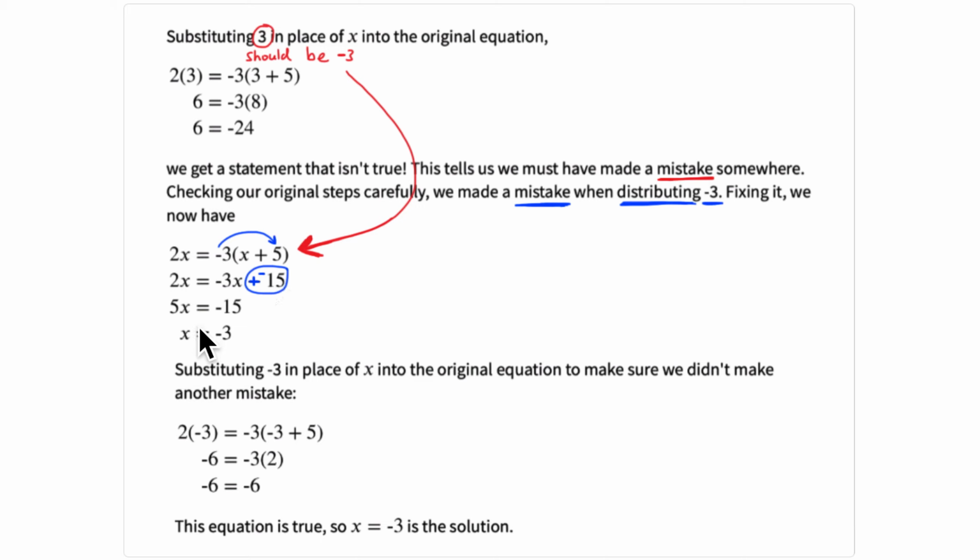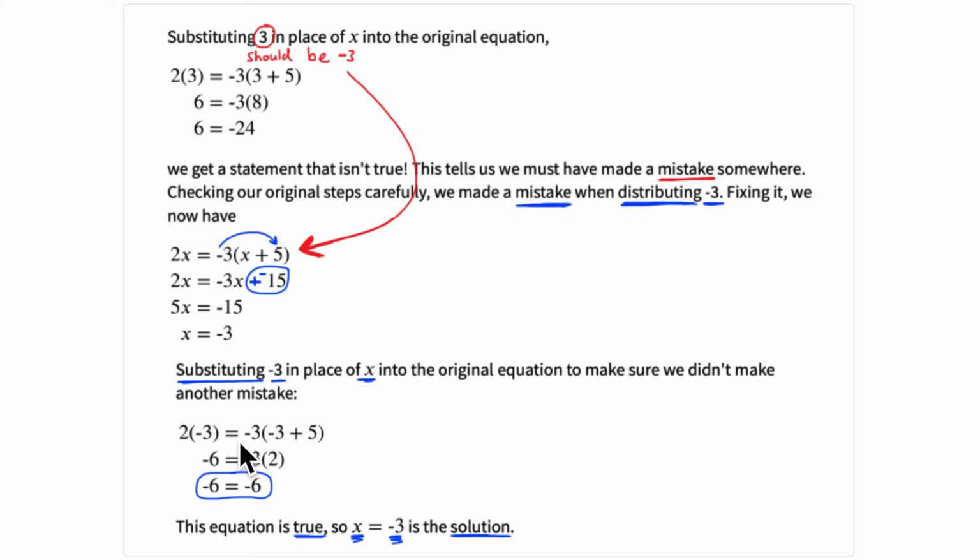And so multiply through by 1/5. So 1/5 of 5x and 1/5 of a negative 15 is negative 3. Check your answer in the equation, negative 3 and negative 3, and you get negative 6 on both sides. So negative 3 is the solution.